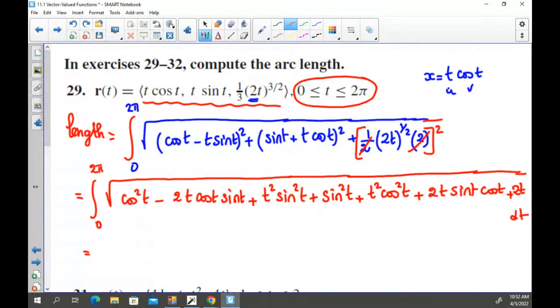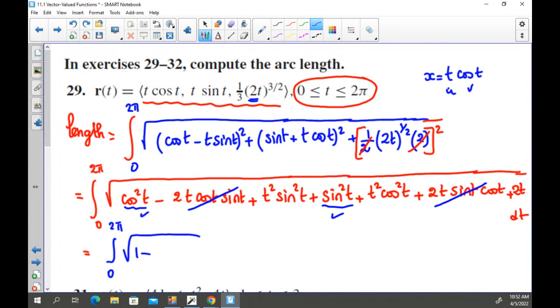All right. After that, we have a lot of things we can simplify. This and this will go: one is minus, the other one is plus. They are the same, 2t cosine sine, 2t cosine sine. Also, this and this will give us 1. So it's going to be the integral from 0 to 2 pi of the square root of 1.